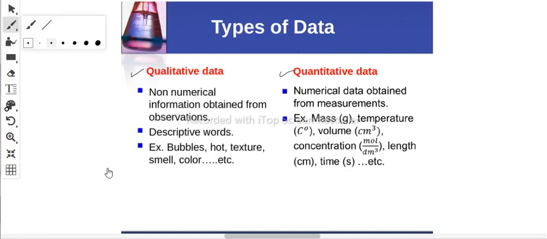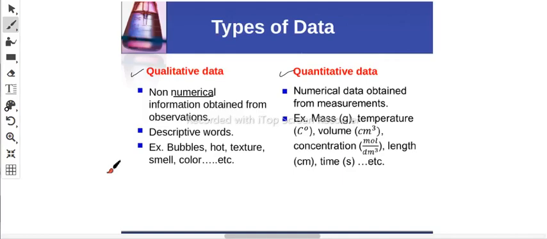Whenever we talk about quality, we are talking about non-numerical information obtained from your observations through applying your lab. So whenever we want to go through the lab, we can go through qualitative observations. So we use descriptive words.